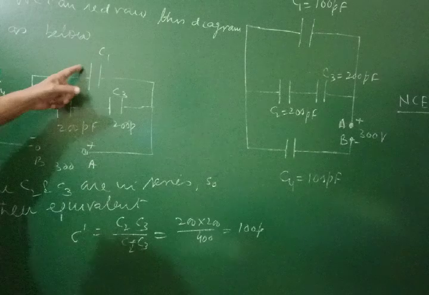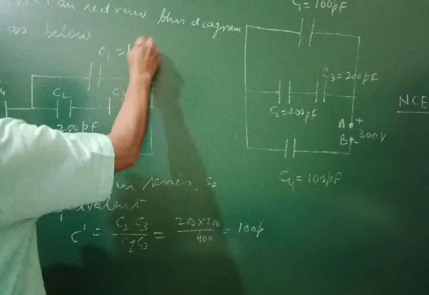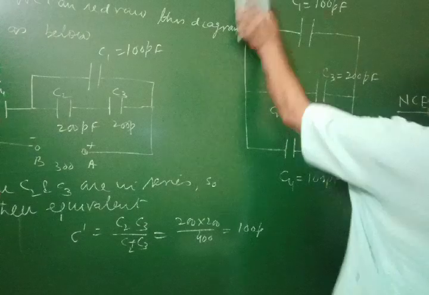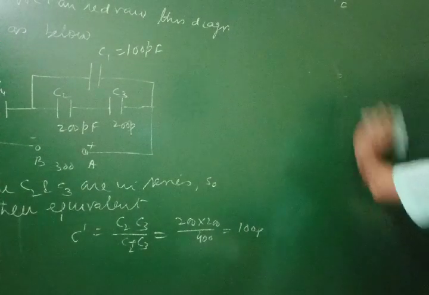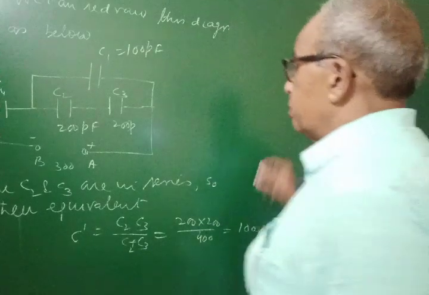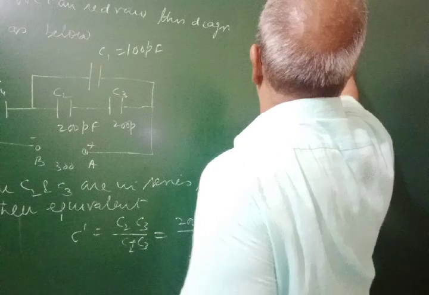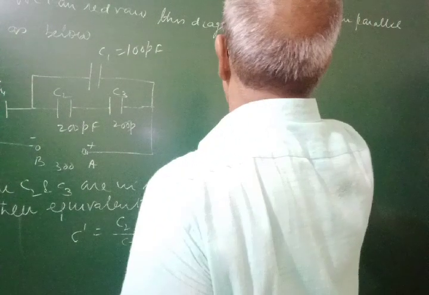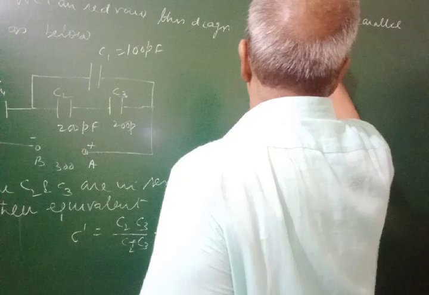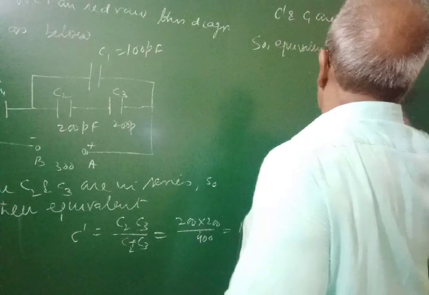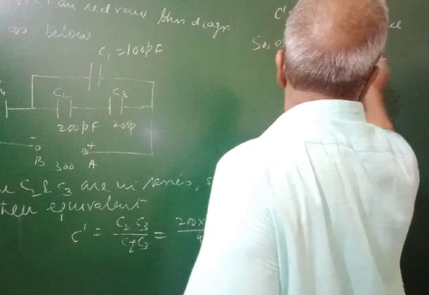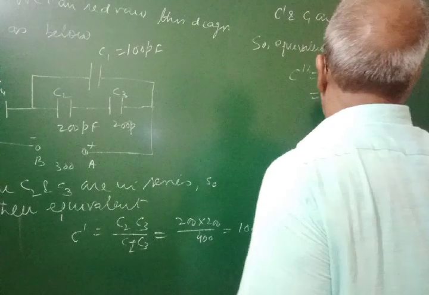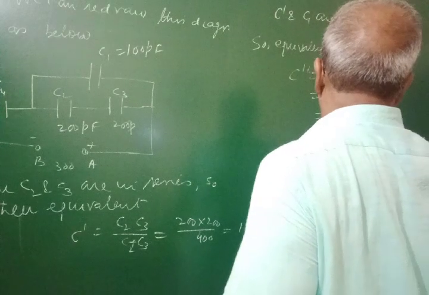Now this C dash and C1 are in parallel. So the equivalent of C dash and C1 is C double dash equal to C dash plus C1, that is 100 plus 100 picofarad, 200 picofarad.